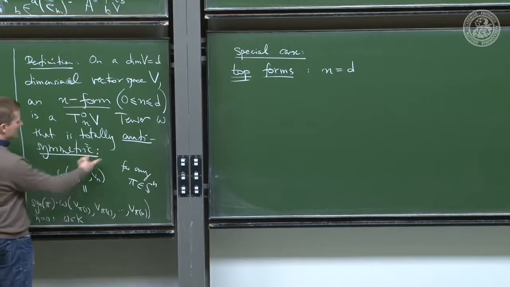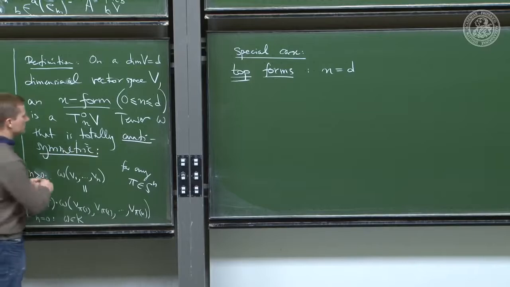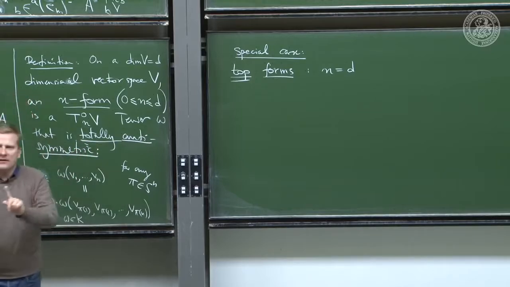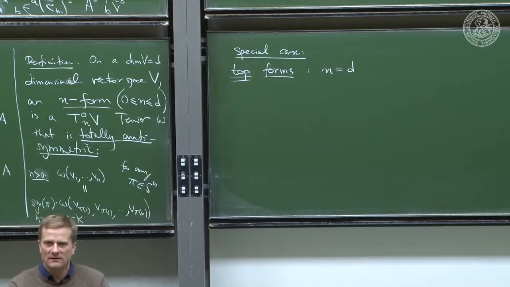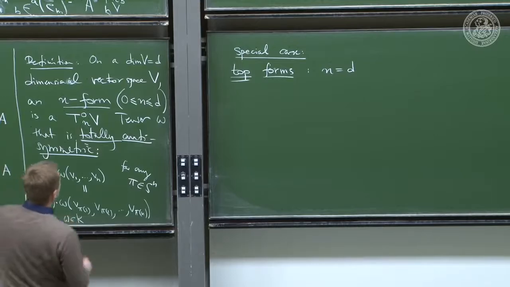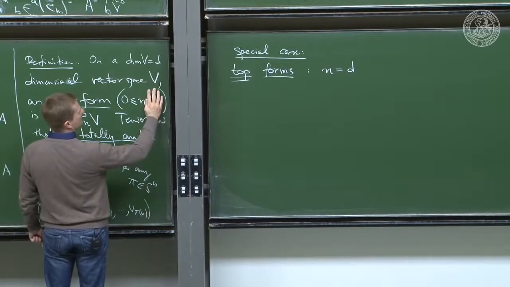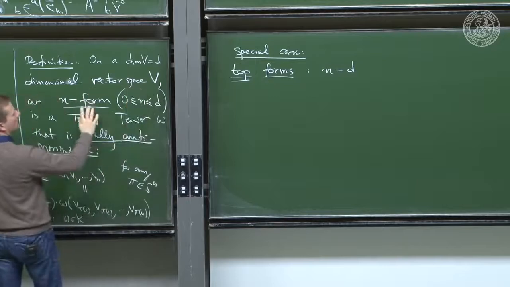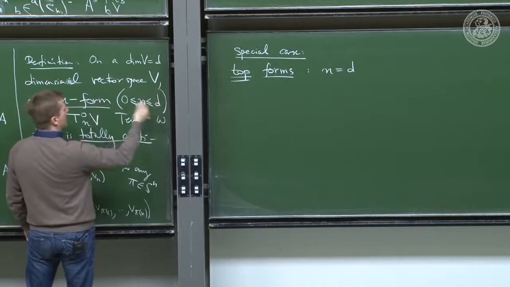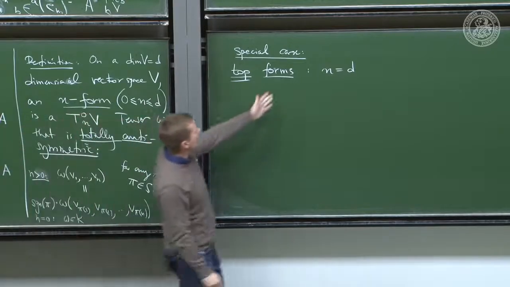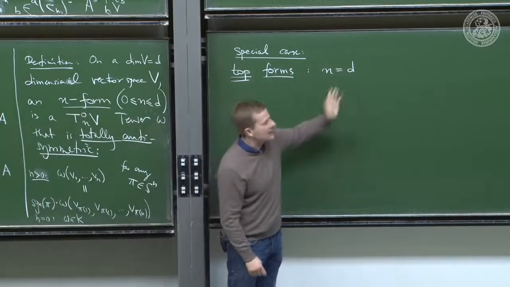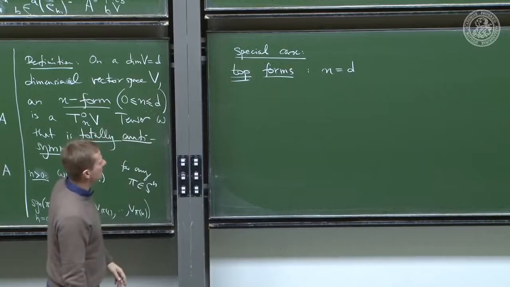But if you then require them to be totally antisymmetric in this way, then if you plug in vectors, they will always be linearly dependent because you have more than dimension many, and then the antisymmetry actually will kill the whole thing to 0. So you could drop this restriction that n must be less or equal to the dimension to have an n form, but all the higher n forms would be 0. So we don't consider them. And the highest rank form, hence the top form, has the rank equal to the dimension of the vector space.